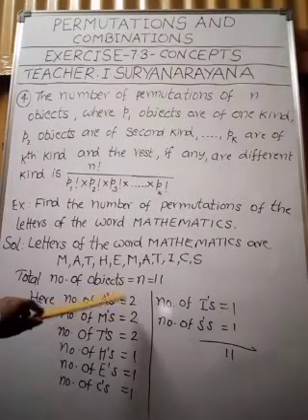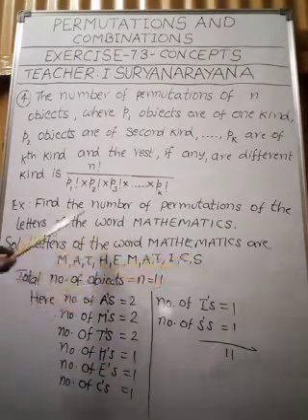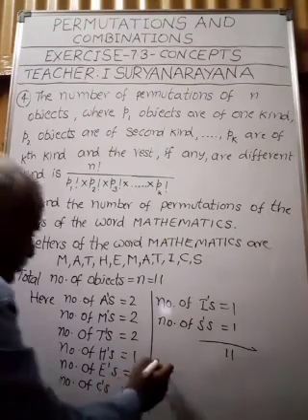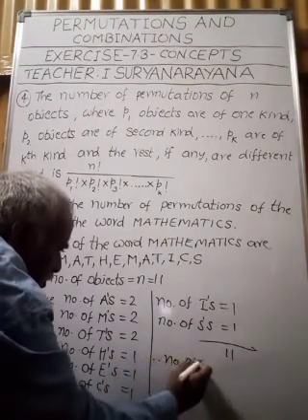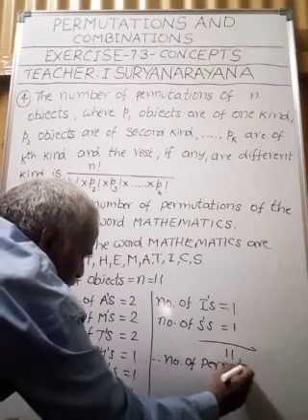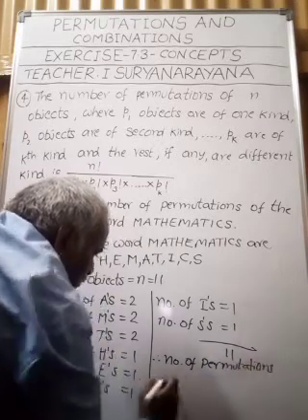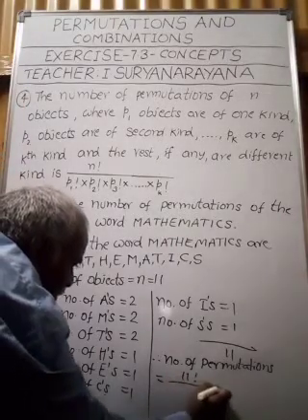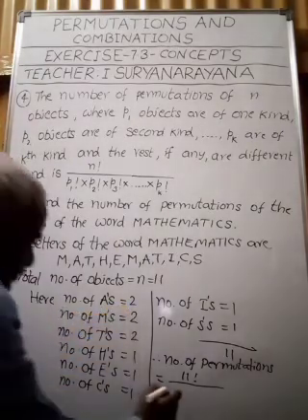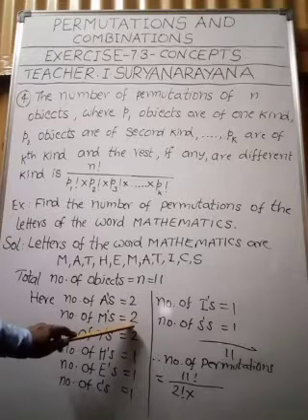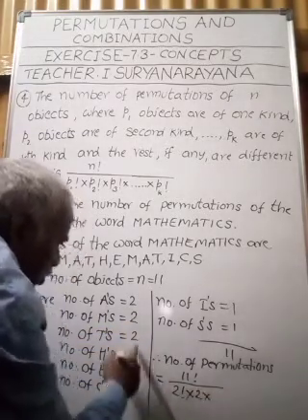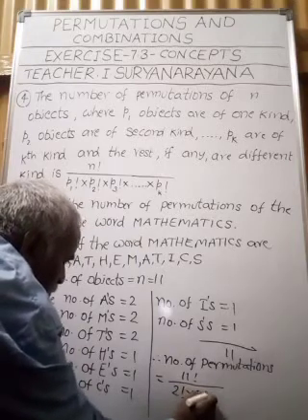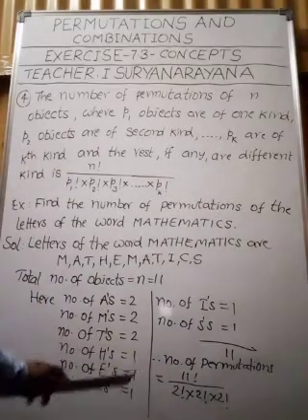So in this case, the number of permutations is equal to 11 factorial by 2 factorial into 2 factorial into 2 factorial. Understood this point, my children?